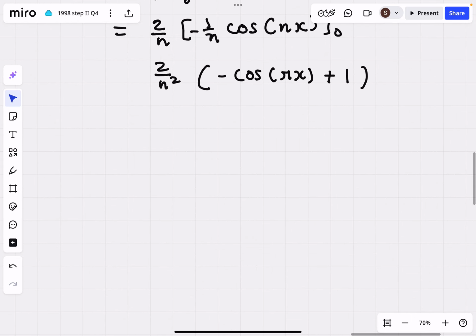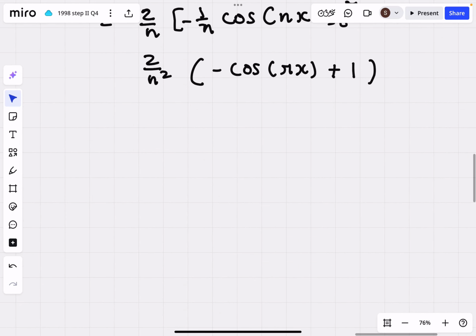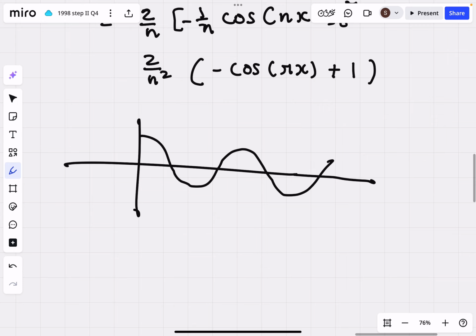Cool. Now to simplify this further, take the graph of cos x. Let's look at cos x at integer multiples of pi. So at 0, 1. At pi, it's minus 1. At 2 pi, it's 1. At 3 pi, it's minus 1.